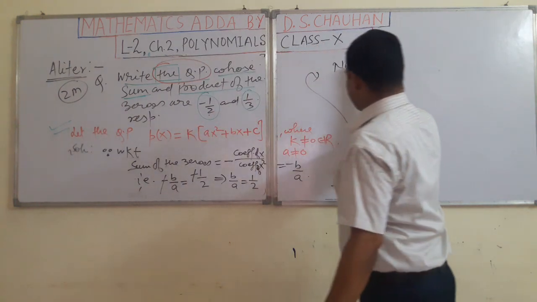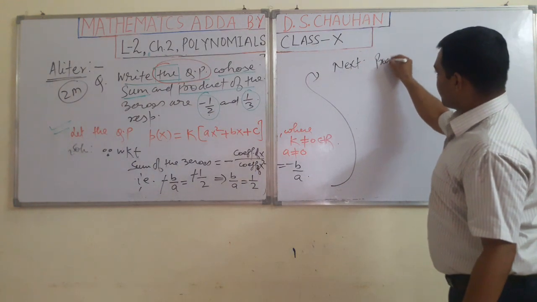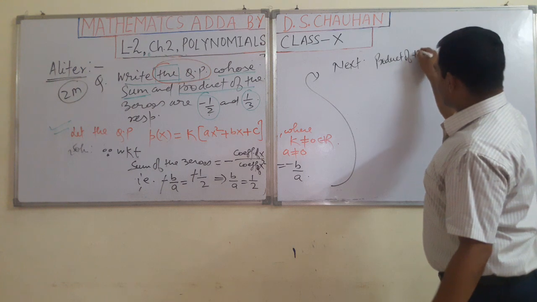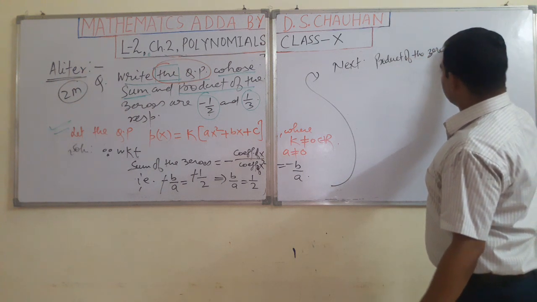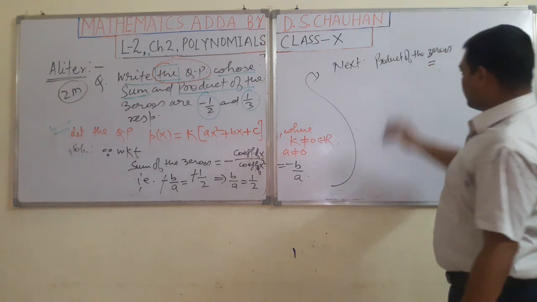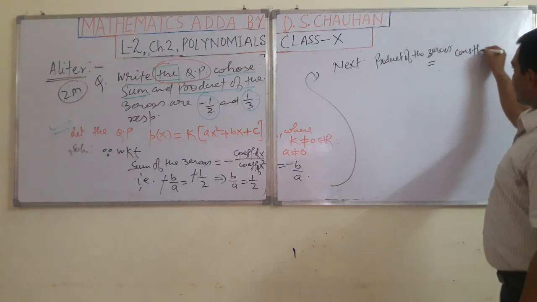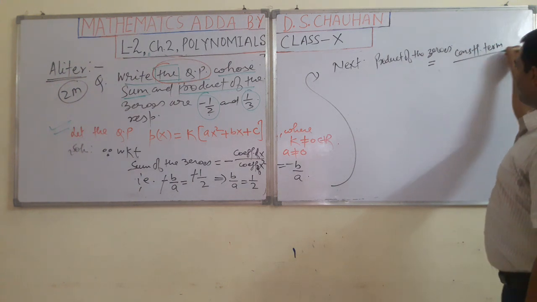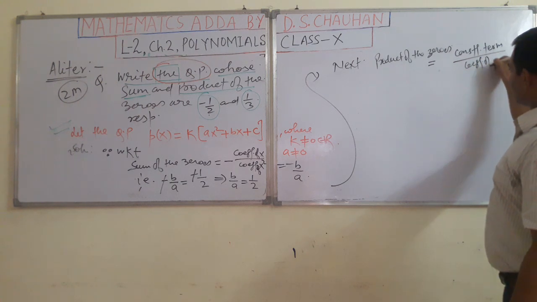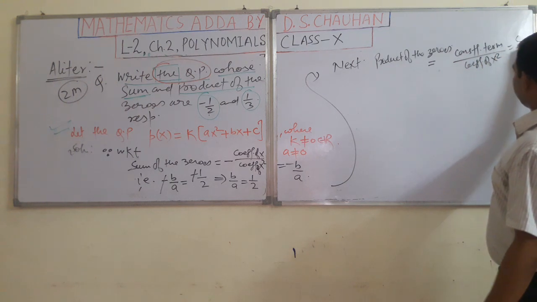Now next, product of the zeros. It is the constant term upon coefficient of x square, that is c upon a.